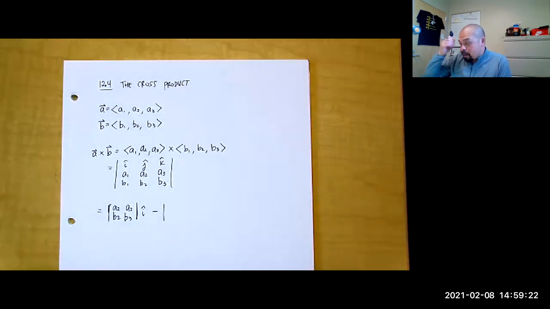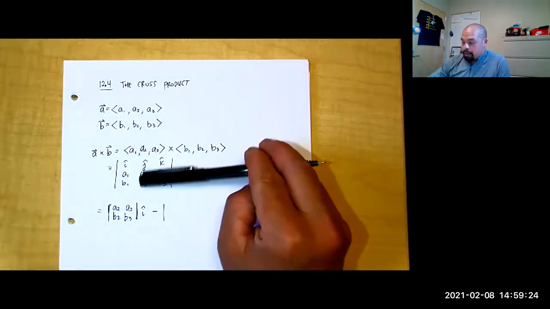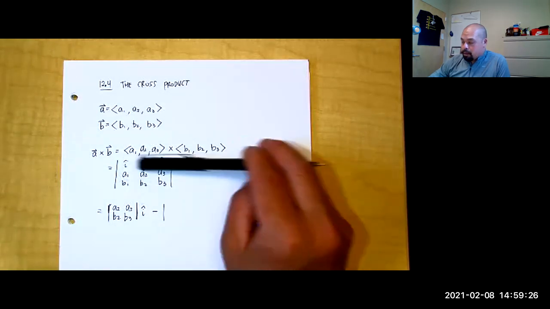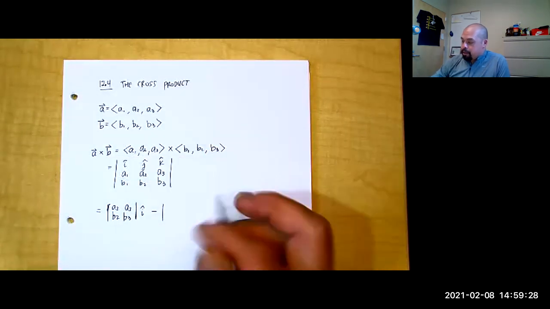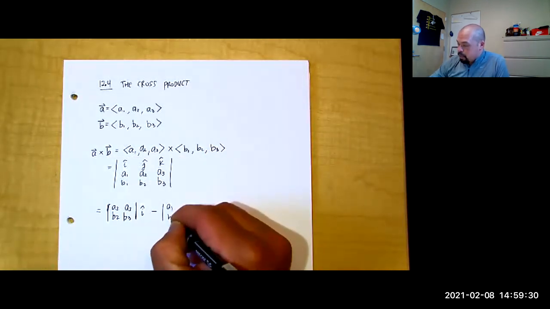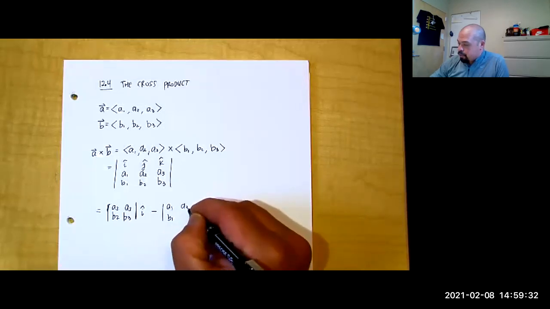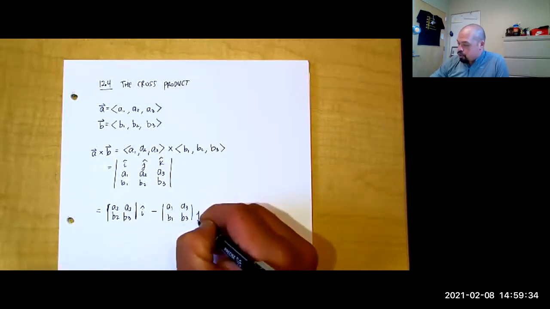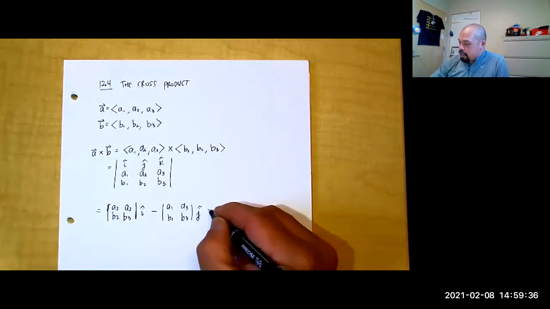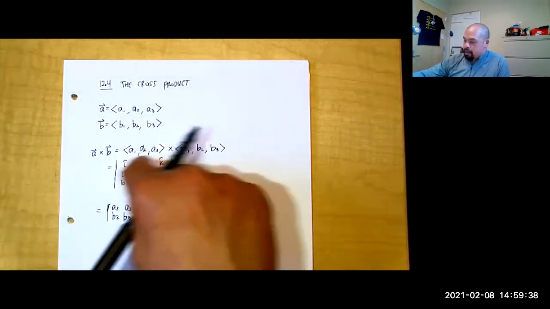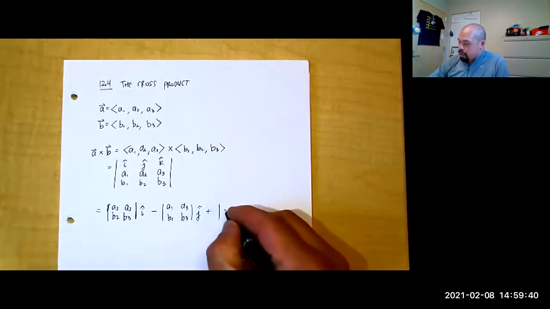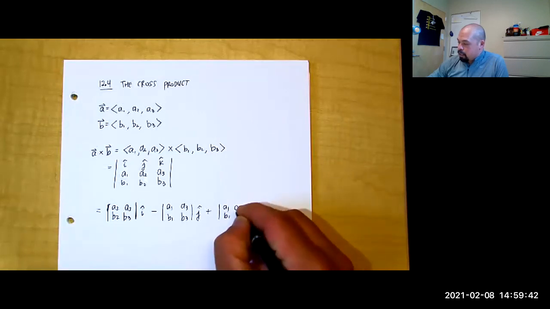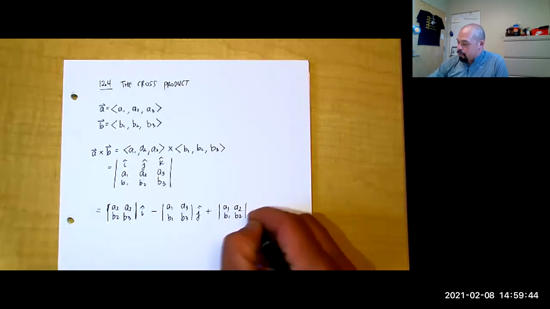Now, same idea, we're spanning across the middle column, top row, so A1, B1, A3, B3 for the J. And then in addition, top row, last column, A1, B1, A2, B2.